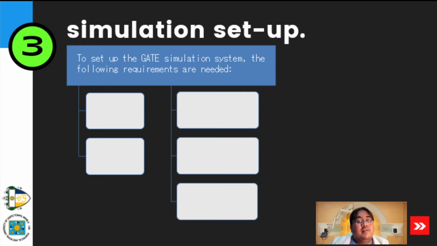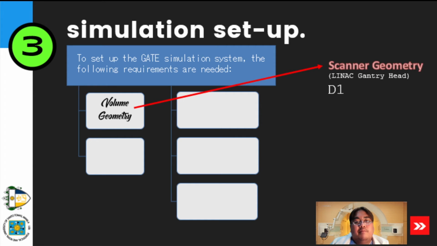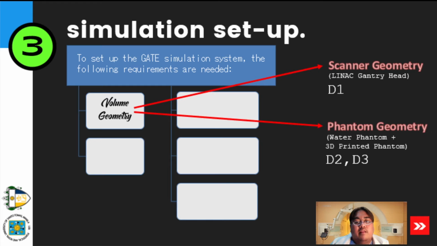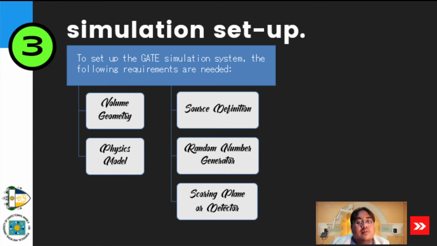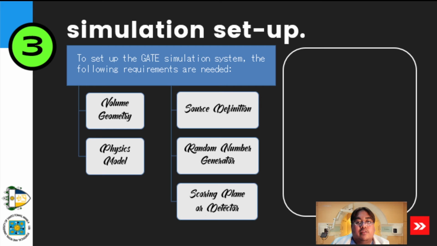Right, so to set up the GATE simulation system, the following requirements are needed. We have volume geometry, which is further divided into the scanner geometry and then the phantom geometry, which is our water phantom and our 3D printed material. Next is the physics modeling. Also, we have source definition, as well as random number generation and scoring plane detection.